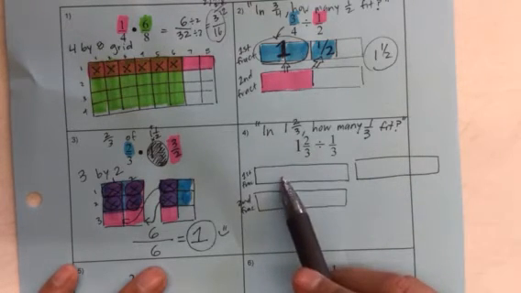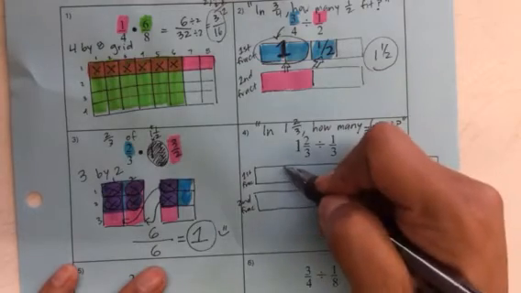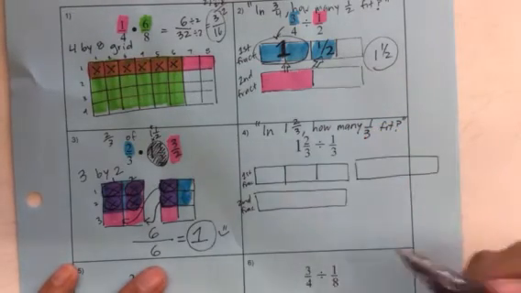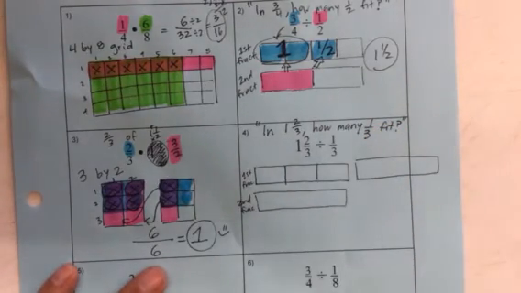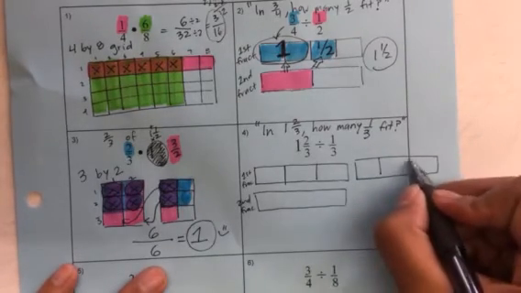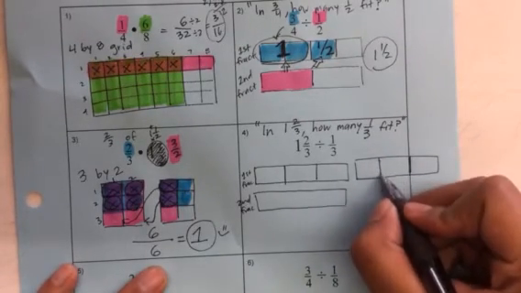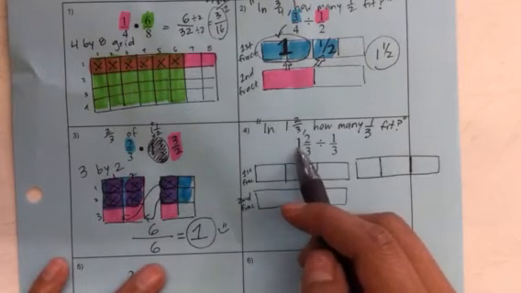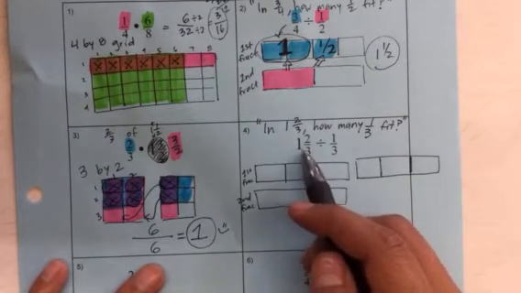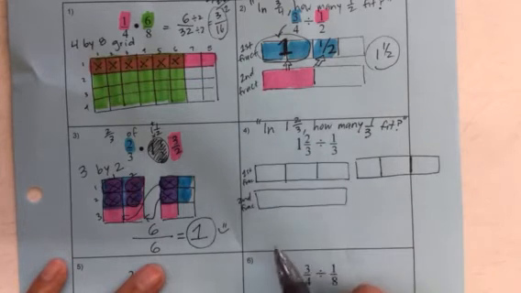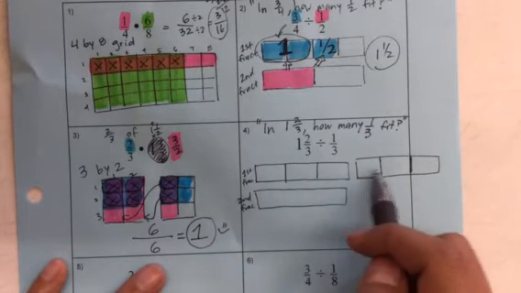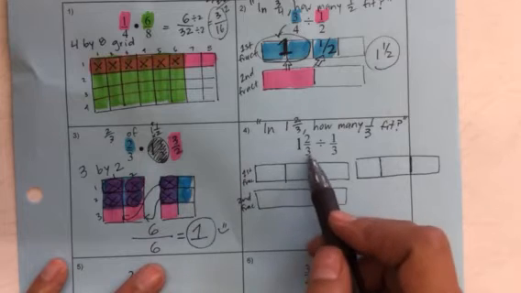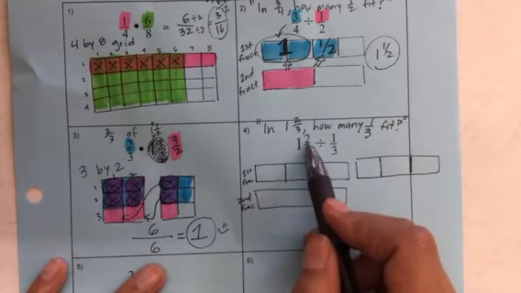To split this in thirds, you need 2 marks. So 1, 2. And you need to do the same thing here. 1, and I'll just use this line since it's there. 2. Okay. First fraction, to show 1 2/3, which is the same thing as 5/3, you just have to shade in 5 of these thirds, because if you think about it, there are 3 thirds in this one, plus 2 more thirds.